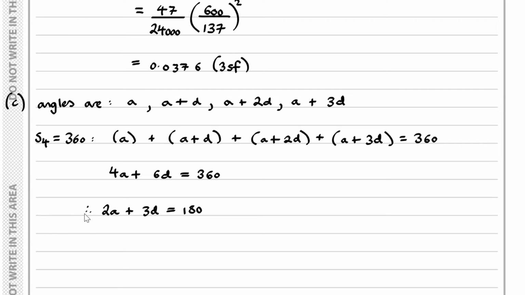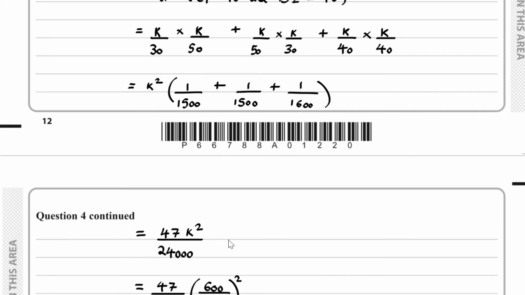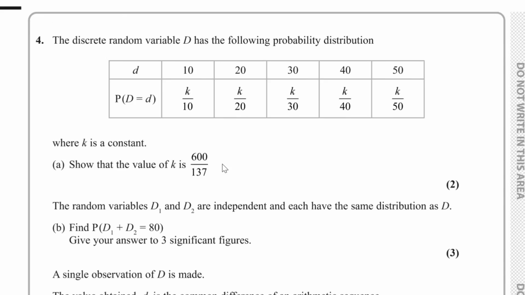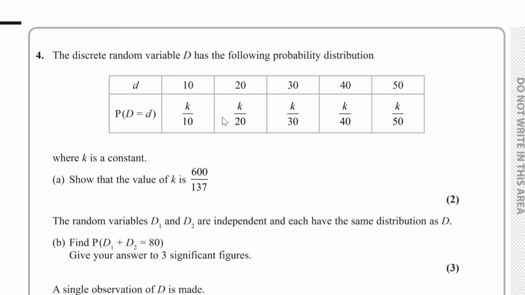And we were told that the smallest angle must be greater than 50, and we're finding out that probability of A being greater than 50. So we know that the smallest angle, well, that's going to obviously be A. Now, because we're calculating the probability of A being greater than 50, what would pop into my head is, at some point I need to use this table over here.